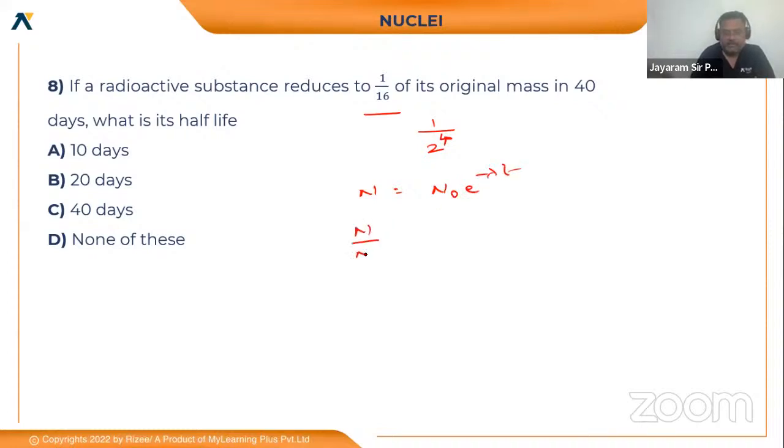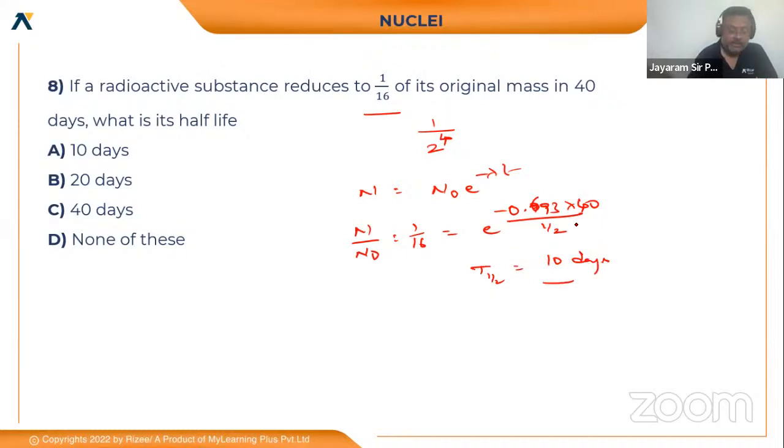From this, n by n naught is equal to 1 by 16, which is equal to e to the power of minus 0.693 into 40 by t half value. So now again apply the log and solve it. You will be getting the t half is equal to 10 days.